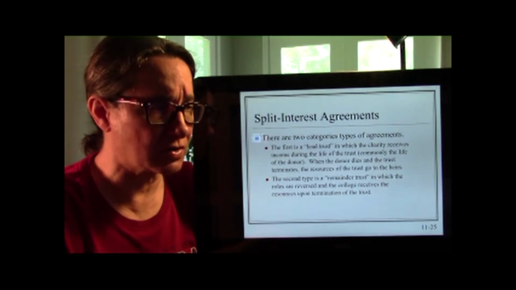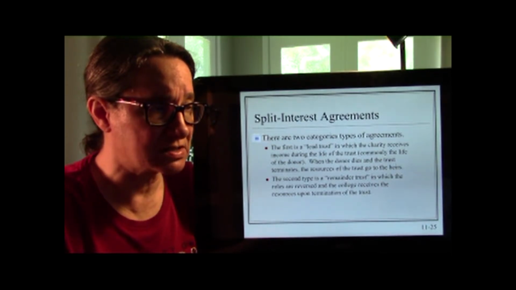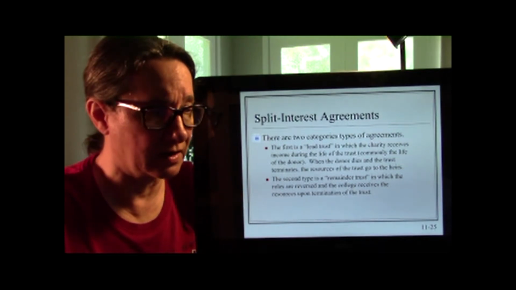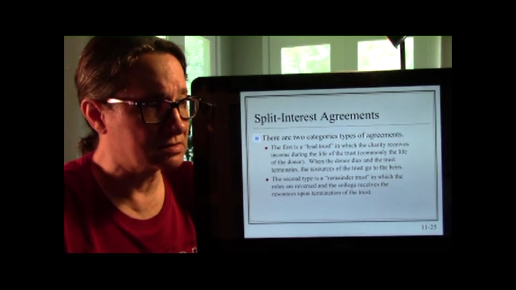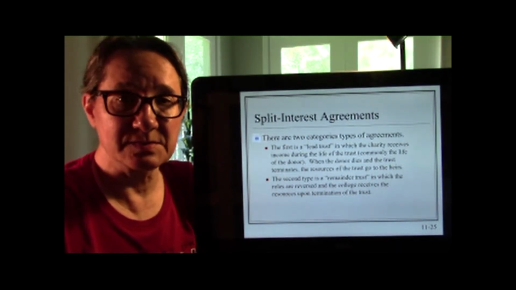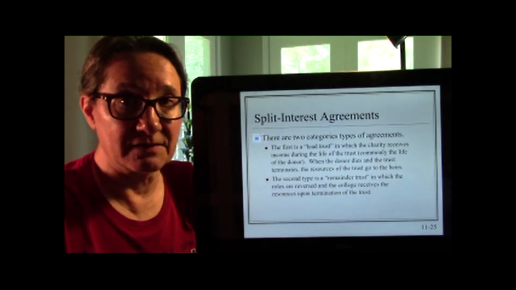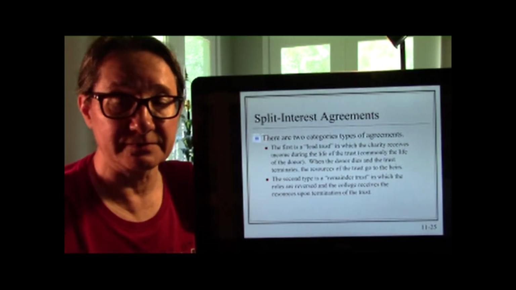In a lead trust, the charity receives the income during the life of the trust, and when the donor dies, the trust terminates and the resources go on to the heirs. So it's kind of opposite of what you usually think about. You think the university will get it when they die, but sometimes they're getting this while the benefactor's still alive, and then when the benefactor dies, they want their kids to have it.